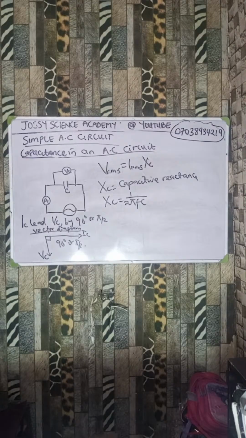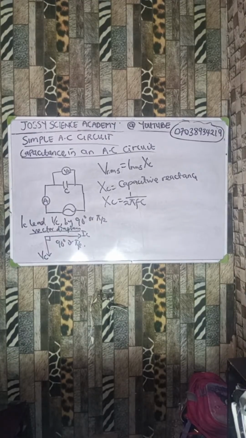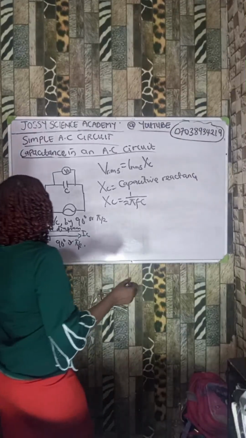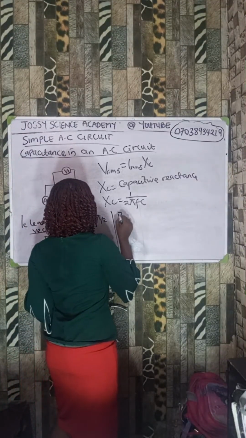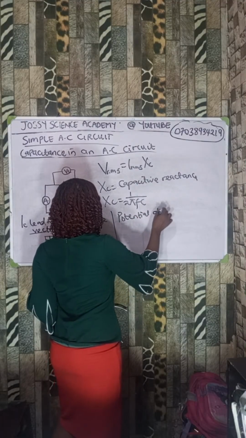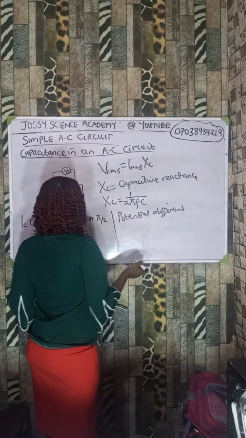Is there another thing we need to talk about under this topic? Let me confirm before I go to the next one. Nothing much. We will be asked to find the PD across VC, the potential difference. Now, what is potential difference?